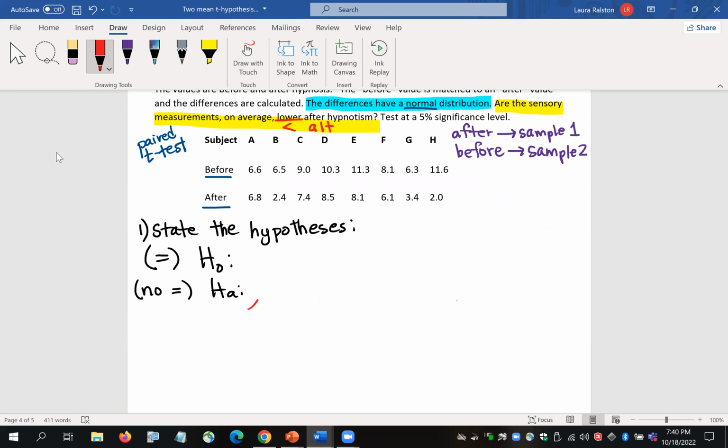So we're saying that the mean difference of the after and the before is less than 0. We want the difference to be less than 0. We don't want there to be no difference. By default, then, the null is that the mean difference is greater than or equal to 0.